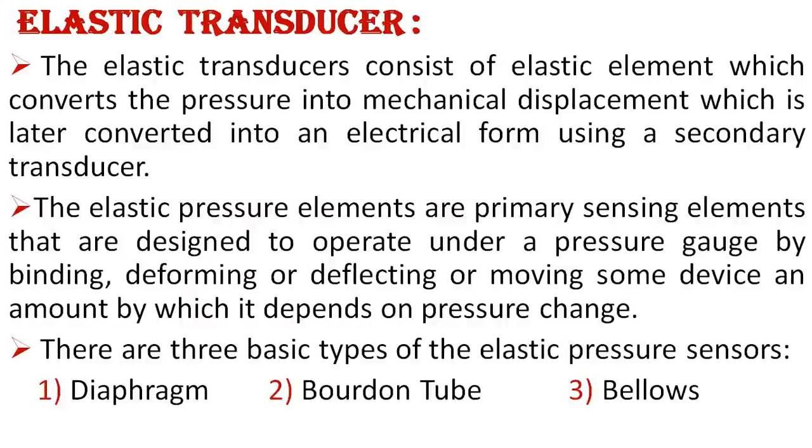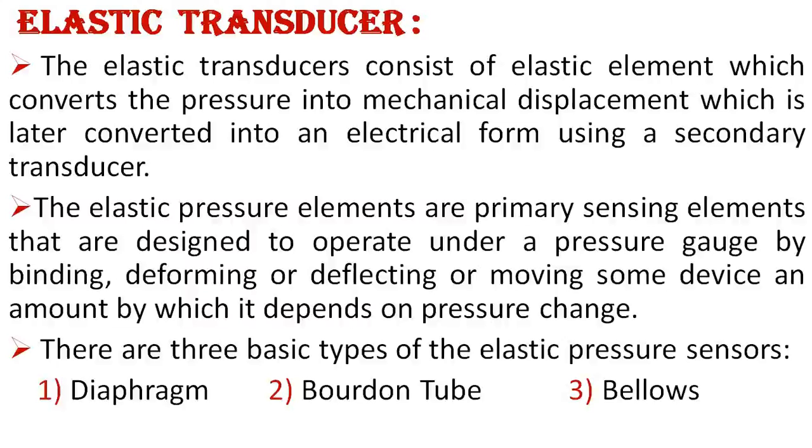The elastic pressure elements are primary sensing elements that are designed to operate under pressure by bending, deforming, deflecting or moving some device, by an amount that depends on the pressure change. There are three basic types of elastic pressure sensing elements.